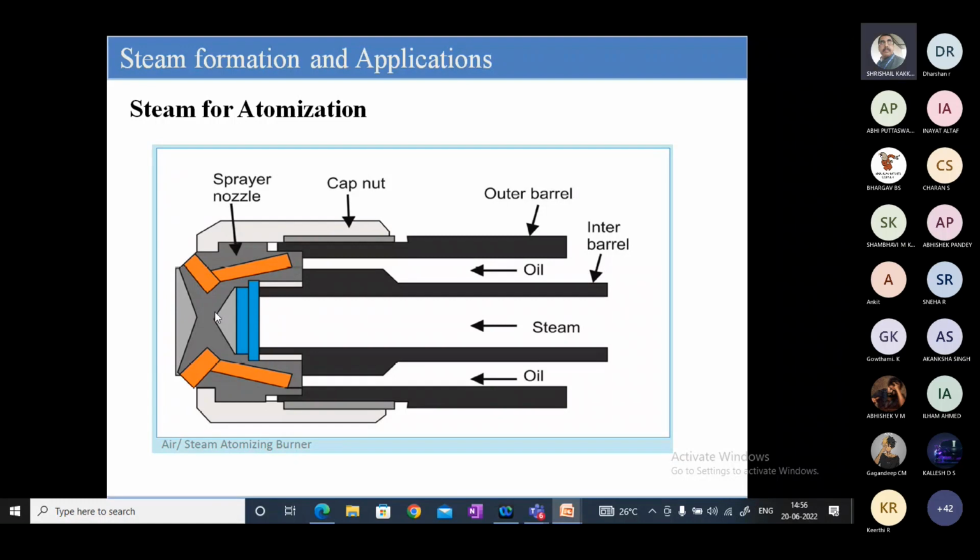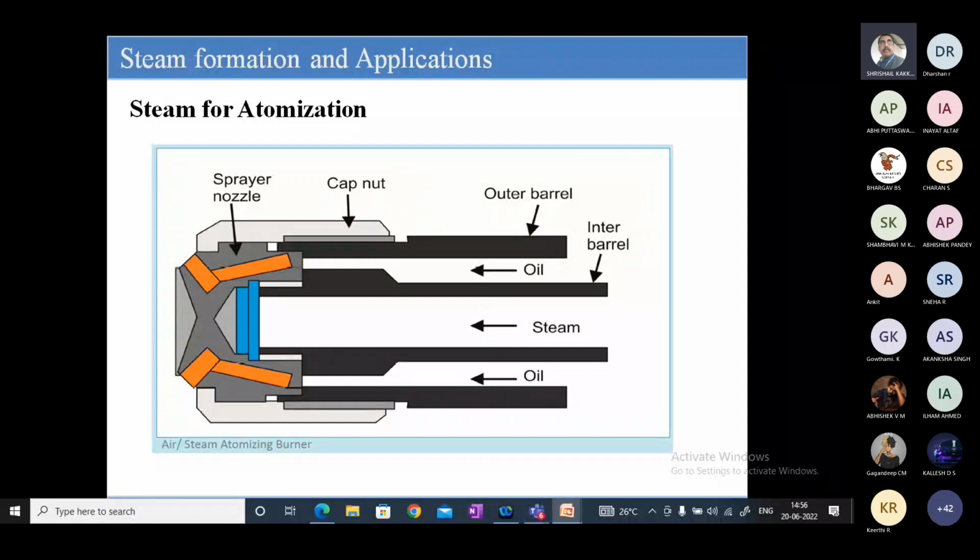Due to this, the diesel oil will be completely burned, avoiding incomplete combustion, and the carbon dioxide, carbon monoxide and other impurities produced by incomplete combustion will be reduced. This is steam for atomization.